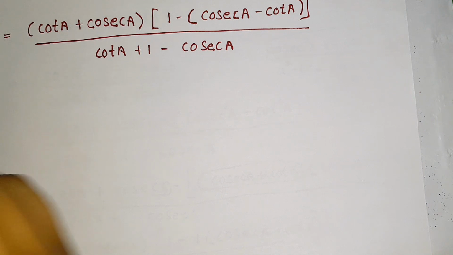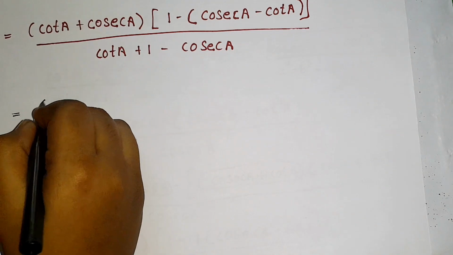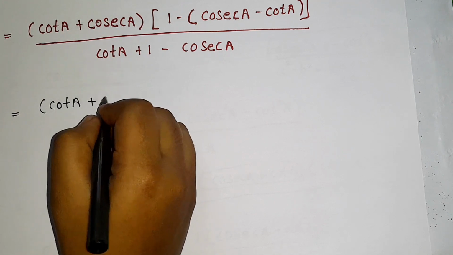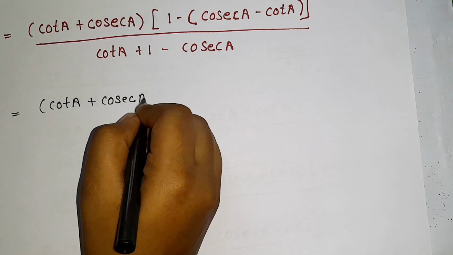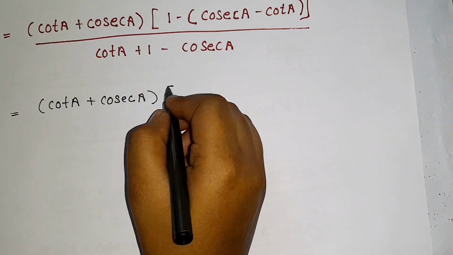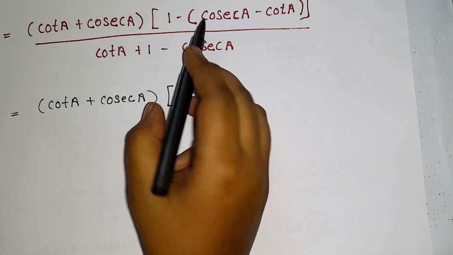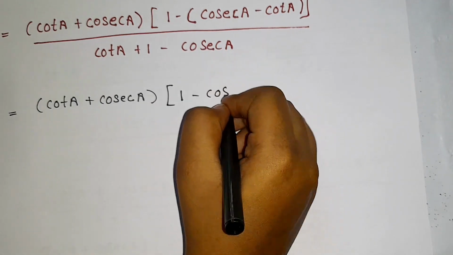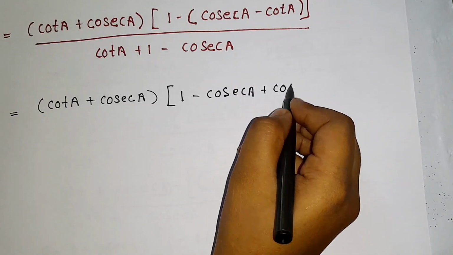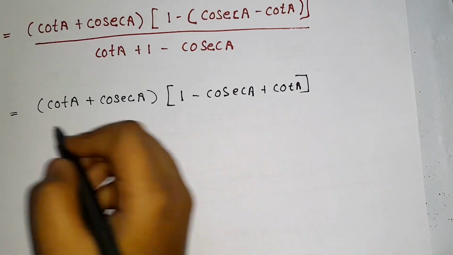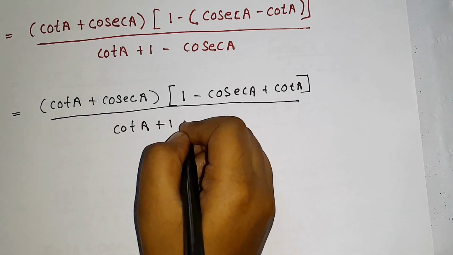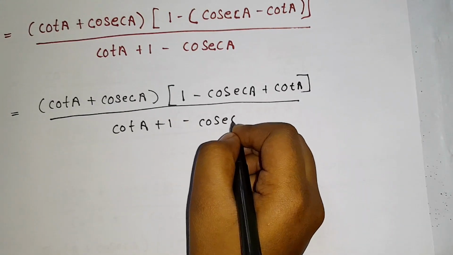Now we can write is equal to cot A plus cosecant A, and then bracket, and 1, so minus into plus is minus cosecant A, and minus into minus is plus cot A. And then divided by cot A plus 1 minus cosecant A.